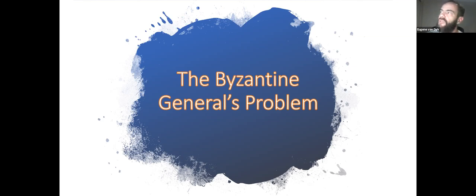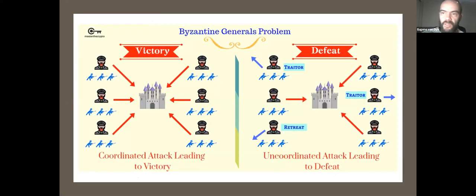Right, so how does this come down to the Byzantine generals problem? Let's have a look at it. On the left-hand side, we've got victory. On the right-hand side, we have defeat. This Byzantine general has, in this instance, 6 lieutenants, all stationed at different places around the castle which they seek to attack.